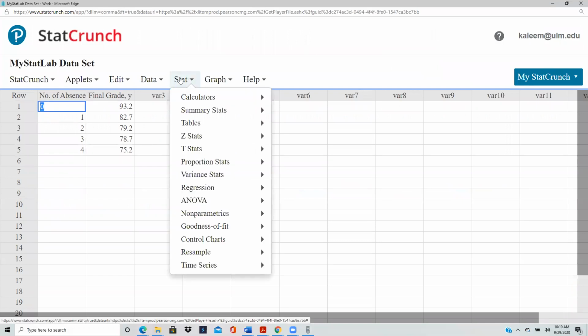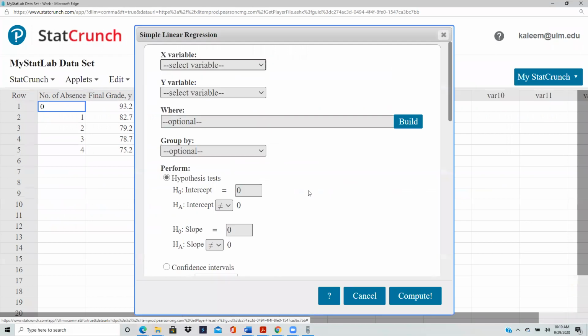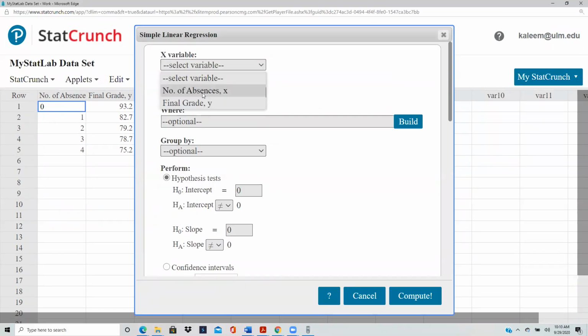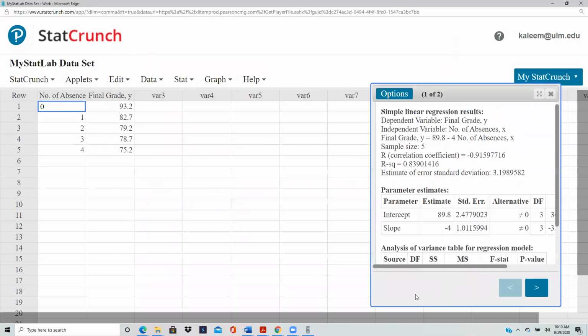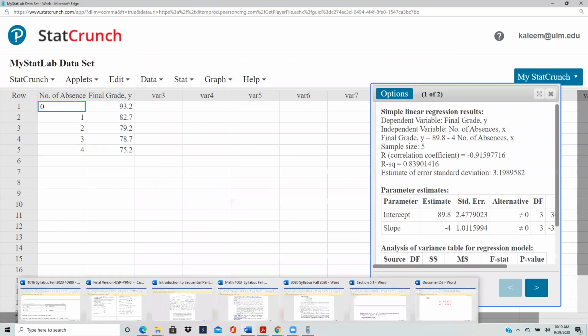Yes, stat, regression, simple linear. And select the X and Y, then compute. Okay, so where's the equation? This one, so they always give it backwards, right? Negative 4x plus 89.8, yeah? Yes. Negative 4x plus 89.8.